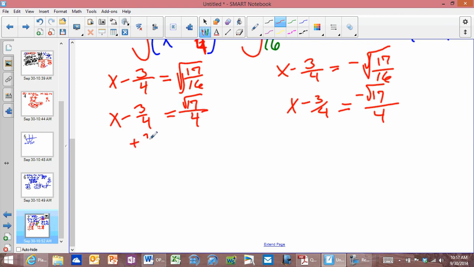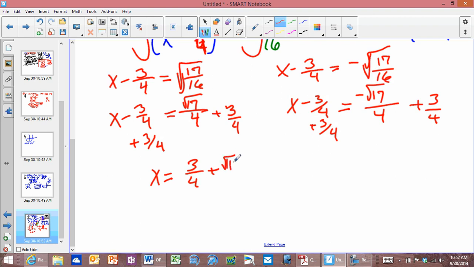Now I need to add 3/4. Add 3/4. I'm going to do it over here too. And then it's just common to write the numbery part first before the square rooty part. That's really good math grammar there. So I have x equals 3/4 plus the square root of 17/4, since I'm adding here.